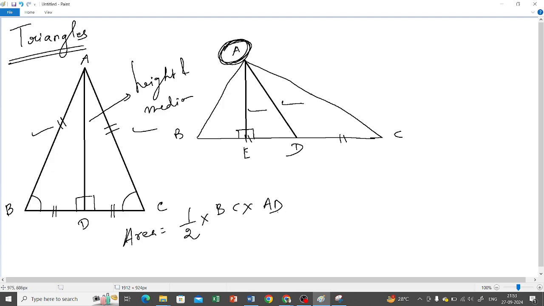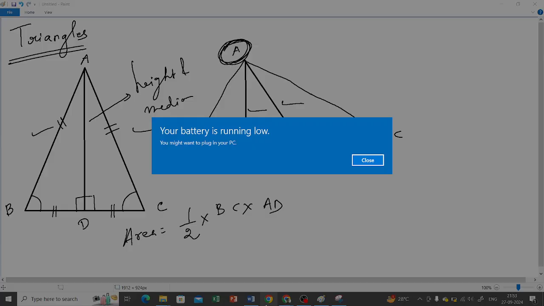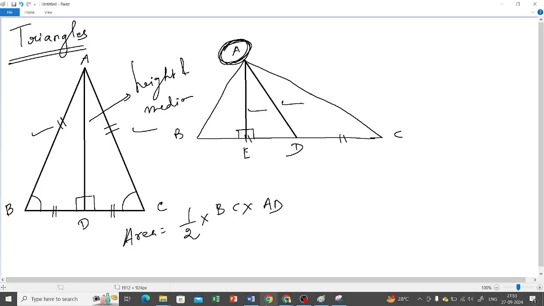So the area is half into BC into AD. That is the area of this isosceles triangle.